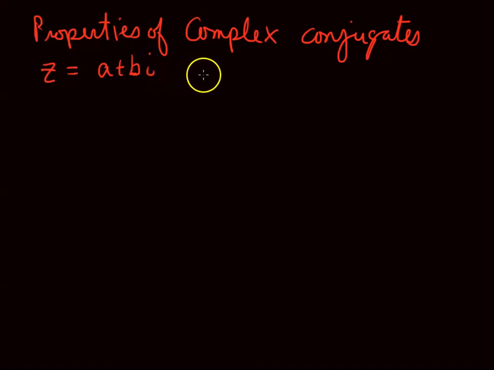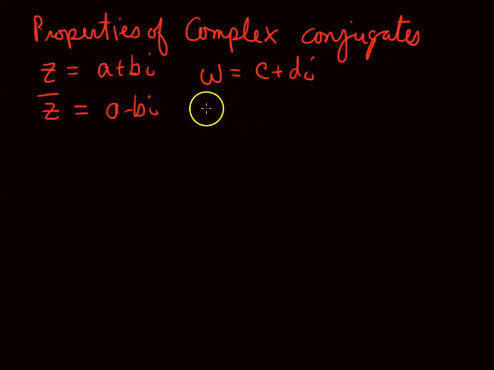Let's suppose w equals c plus di. Then what is z with the bar over the top? That's the conjugate of z, a minus bi. What is the w with the bar over the top? w bar is the conjugate, c minus di.